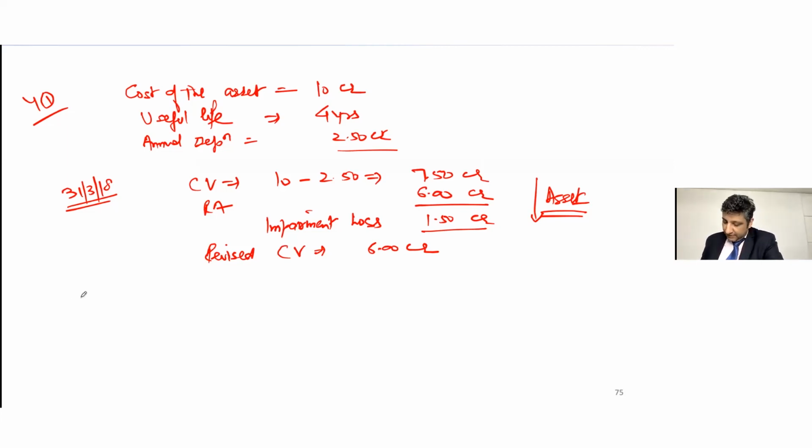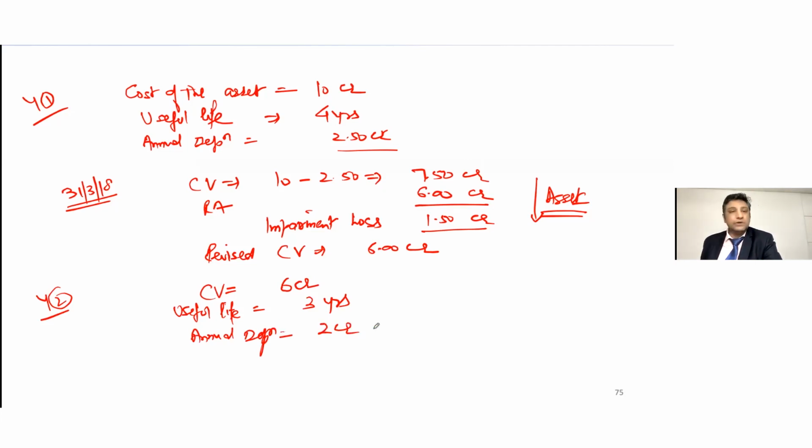Okay. Now, what I'm going to do is basically look at year 2, where I'm provided the carrying value, which is 6 crores, useful life, which is 3 years, and finally, that results into an annual depreciation of 2 crores. With that information, I can simply calculate the carrying value as on 31st of March 19.